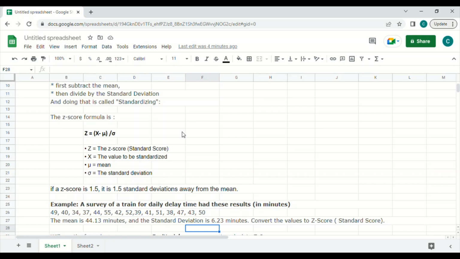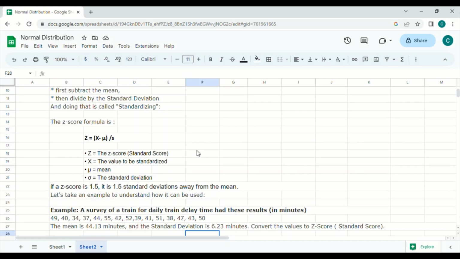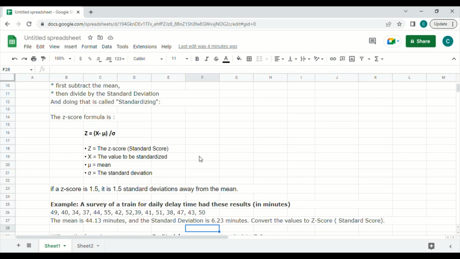X is the value which is to be standardized, mu is the mean, and sigma is the standard deviation. Let's try to understand the z-score. Suppose a z-score is 1.5, then we can say that it is 1.5 standard deviations away from the mean.